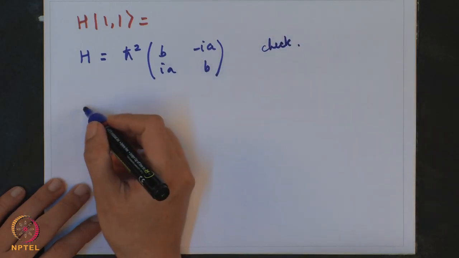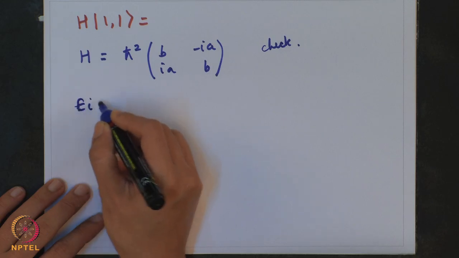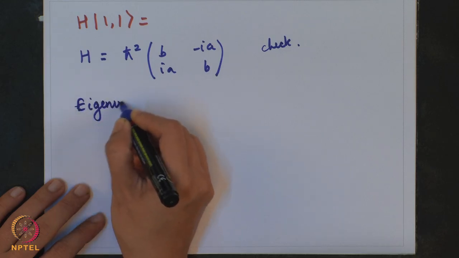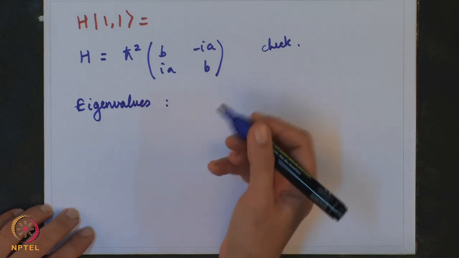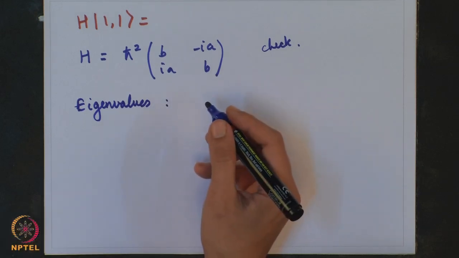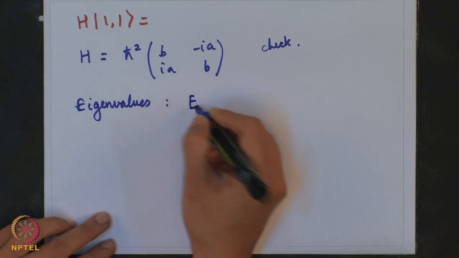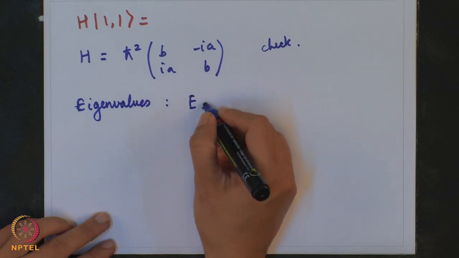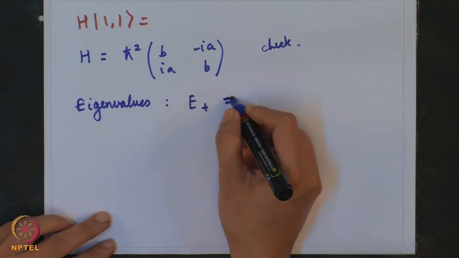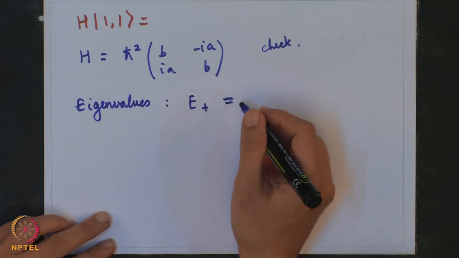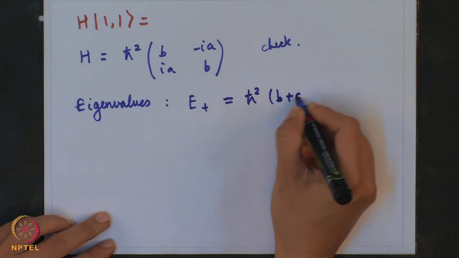So, you have to calculate the eigenvalues and eigenfunctions. The eigenvalue, I can write it as E plus, is H cross square (B plus A).